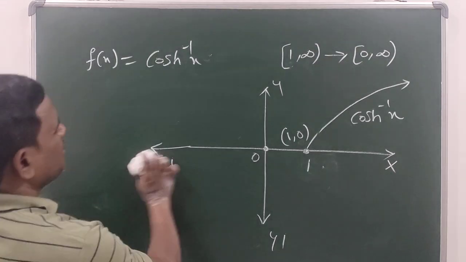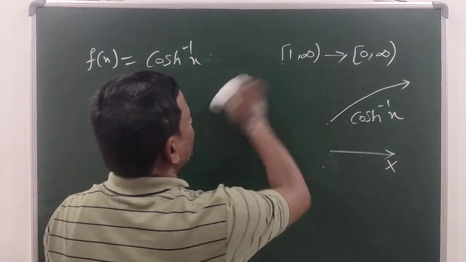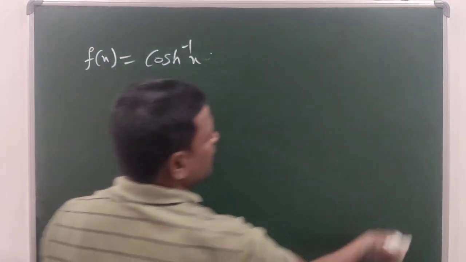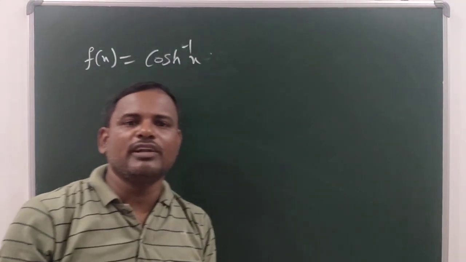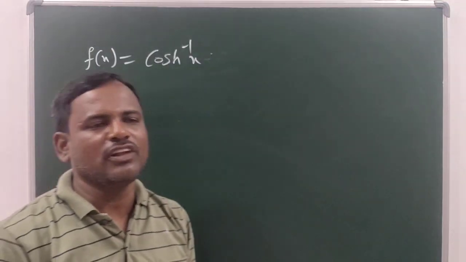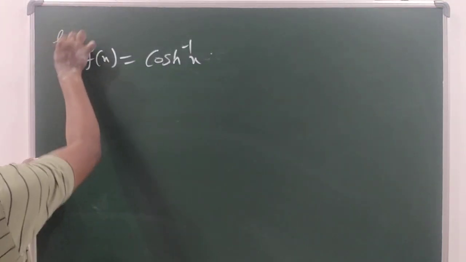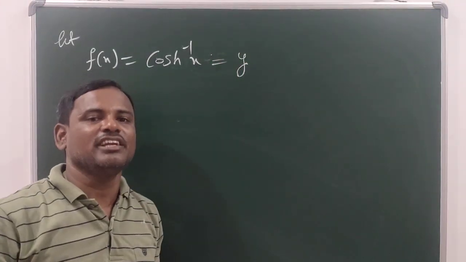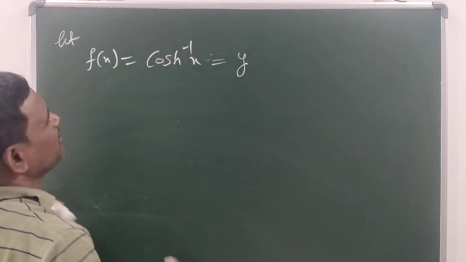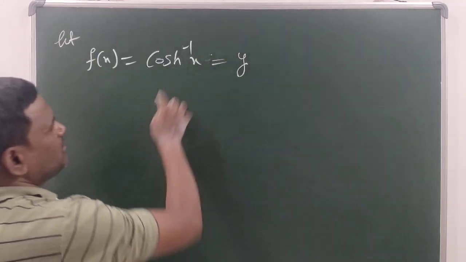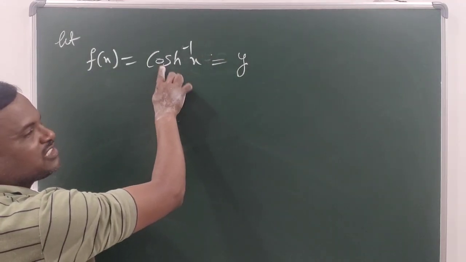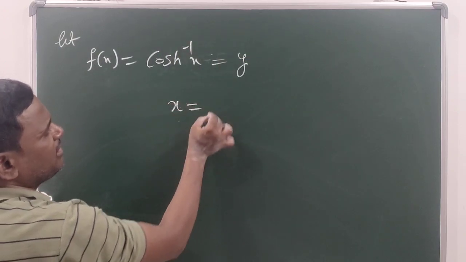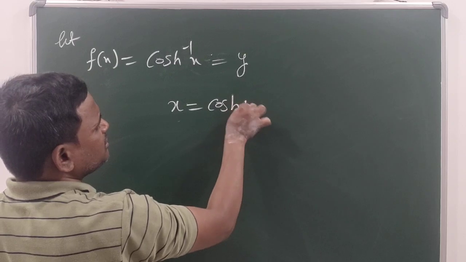Now even this cos h inverse x can be expressed in terms of logs. How do you get cos h inverse of x in terms of log? You have to consider this equal to y, same as sin h inverse of x. Transfer this cos h inverse to the right side, so what do you get? x is equal to cos h y.